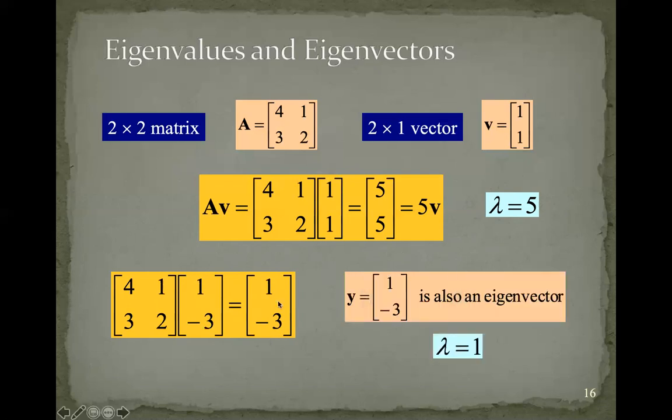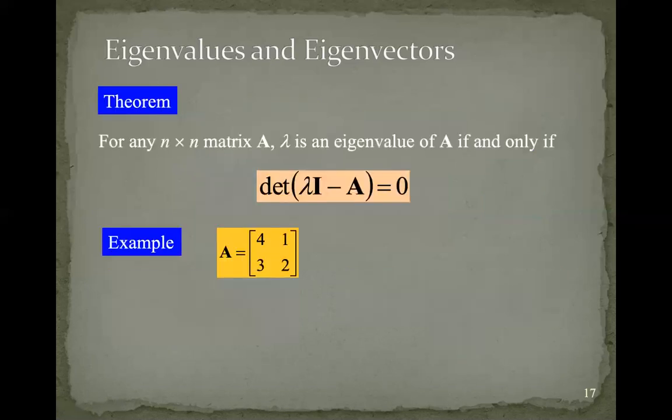So in this case, 1, minus 3 is also an eigenvector, whereas the constant in front of it, which is lambda, is 1. So we can say that the square matrix A has 2 eigenvectors associated with 2 eigenvalues. We do a linear transformation of the matrix with the vector, and it turns into itself.